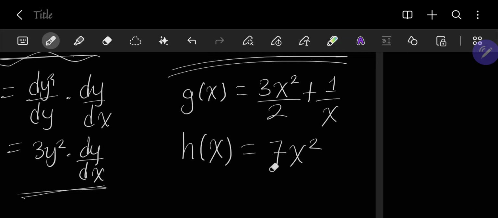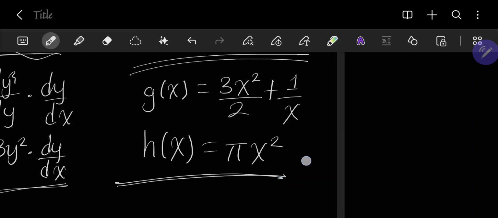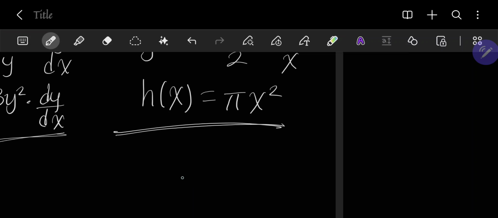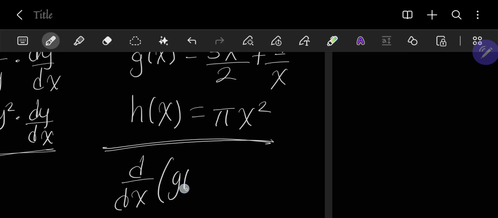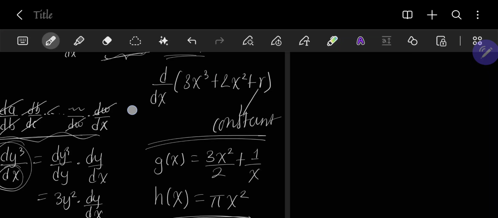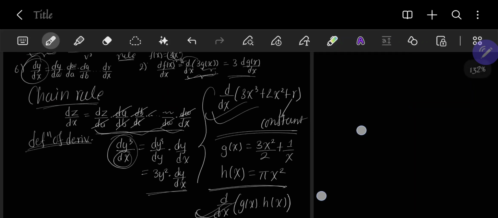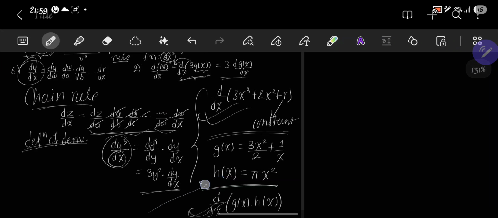So let's make this a bit interesting. Instead of writing 7, I'll write pi x squared, where pi is, of course, the ratio of circumference over diameter, the constant pi. And I want you to calculate the derivative of g(x) times h(x). I'll leave this question and this question as an exercise, and this should be pretty simple in my opinion, because these are very elementary questions.